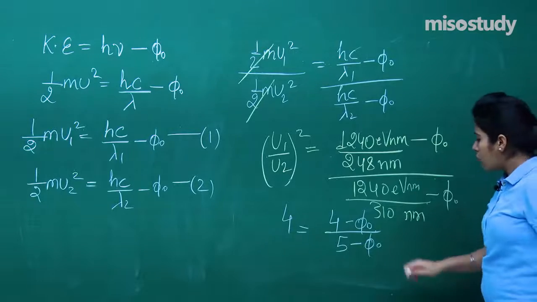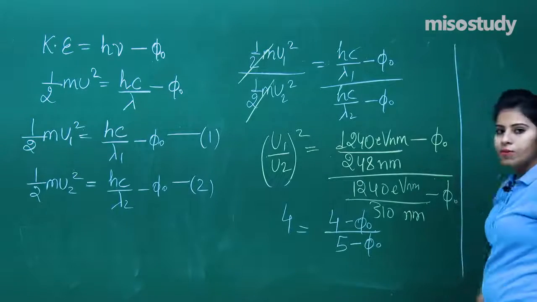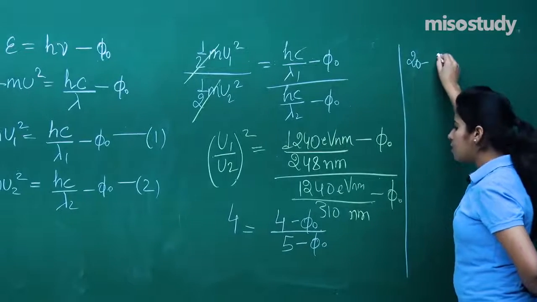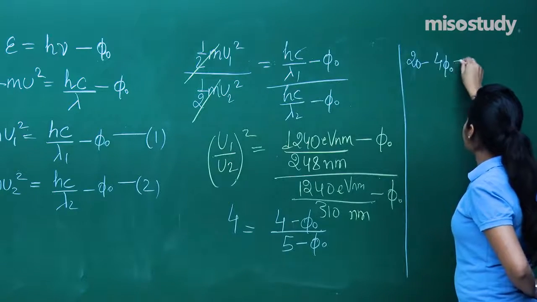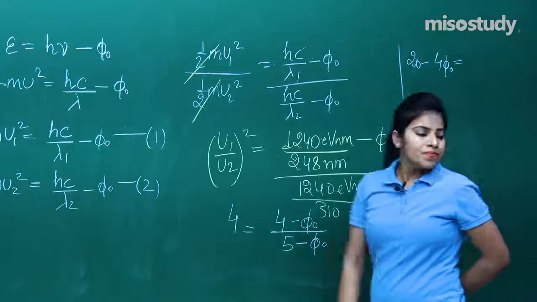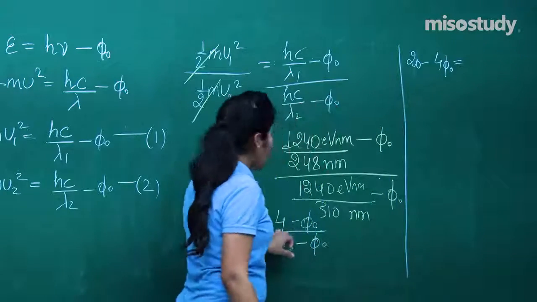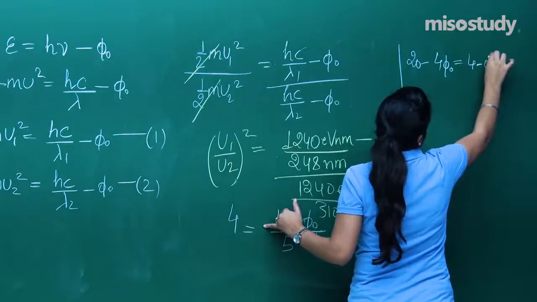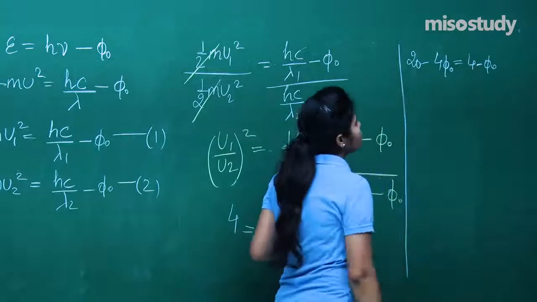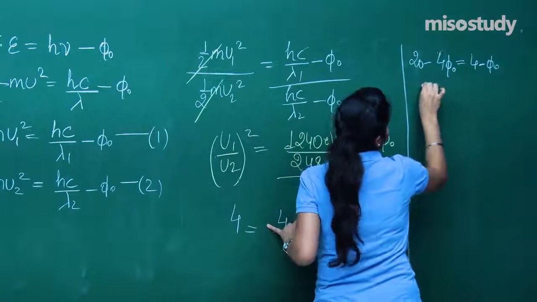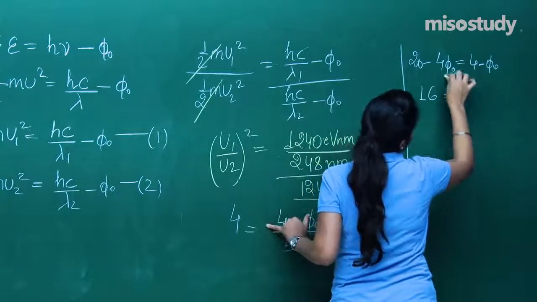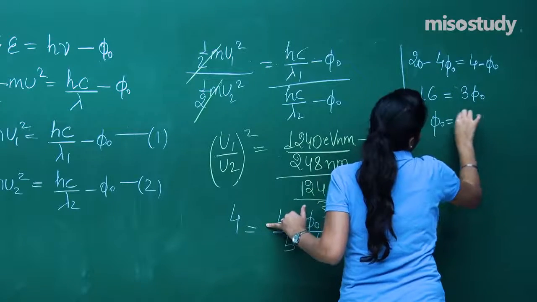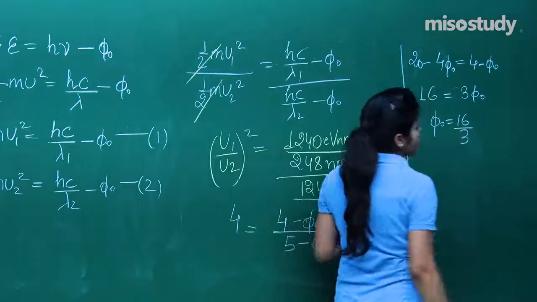Now the question has become simpler. 20 minus 4 phi naught equals 4 minus phi naught. Now 20 minus 4, that is 16, equals 4 minus 1, 3 phi naught. So phi naught will be 16 by 3.